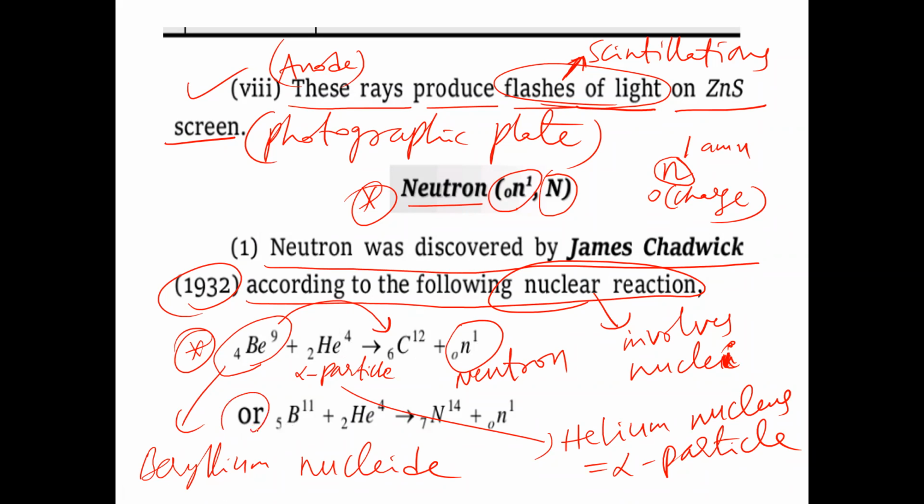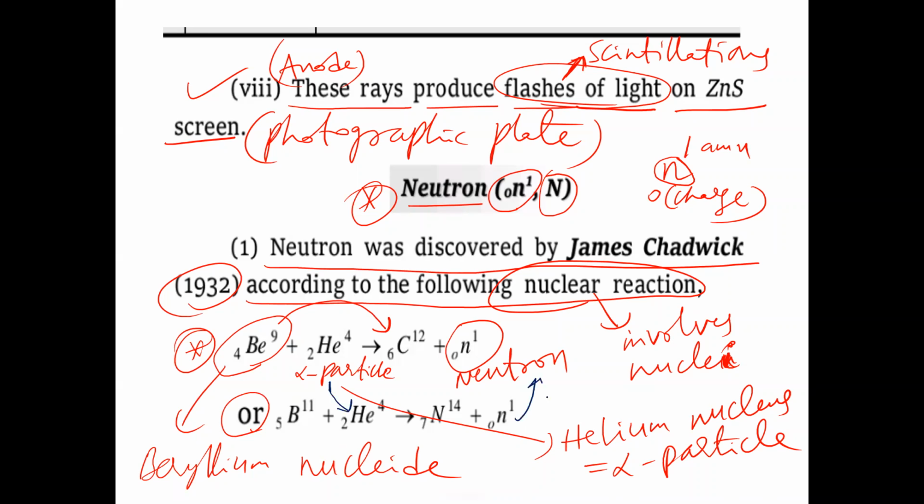Another reaction uses boron. This boron has atomic number 5, mass number 11, so B-11 is bombarded with an alpha particle again. This alpha particle hits the boron nucleus, and the boron nucleus changes into a nitrogen nucleus.